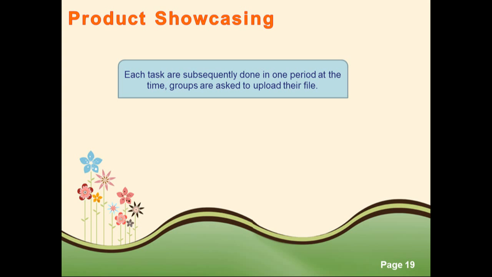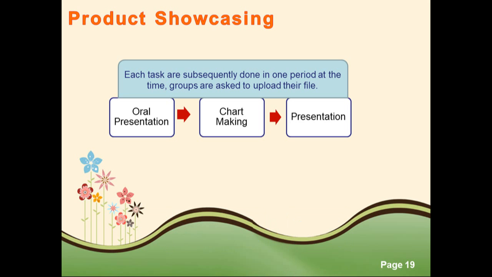After that, they will have to upload the file onto the group's Facebook page. The order is oral presentation first, chart making and analysis second, and finally the presentation about the methods of treatment.